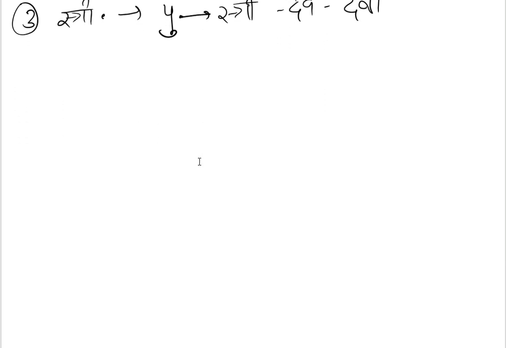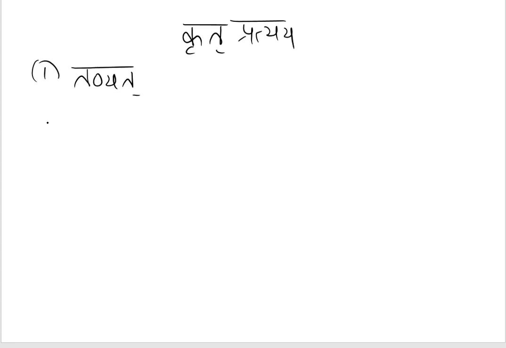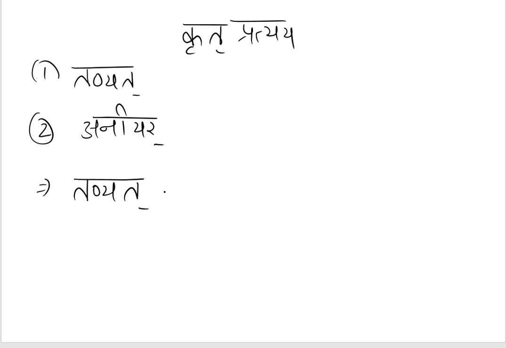Now first we are going to start only the Krit Pratyaya. In Krit Pratyaya we have two types of Pratyaya. First one we have Tavyat, second one we have Aniyar. First I'm going to start this Tavyat Pratyaya.